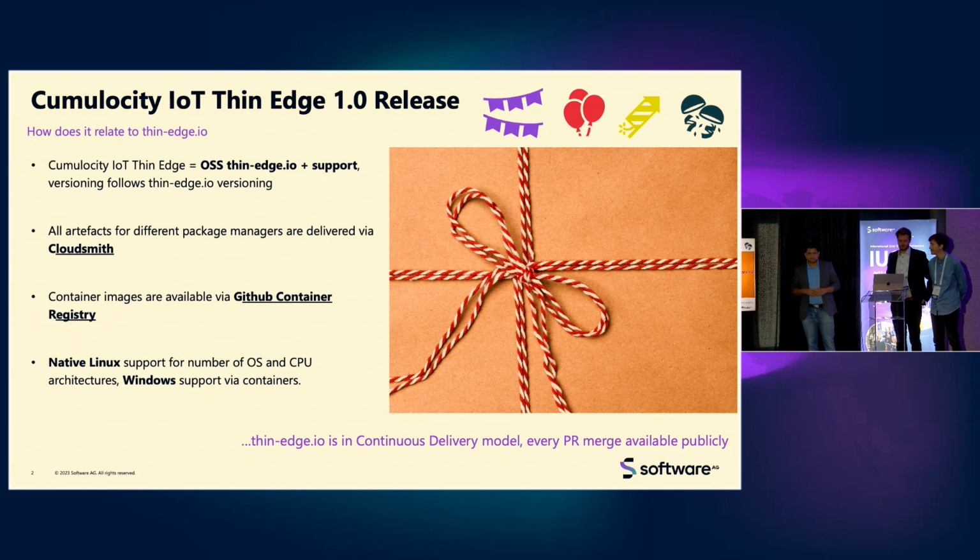And for Windows, you can always run the container-based ThinEdge. I also wanted to note that ThinEdge is in continuous delivery mode, so you don't need to wait for releases. Every PR merge results in the artifacts getting merged inside the repositories, so you can get hold of them as soon as they are available.